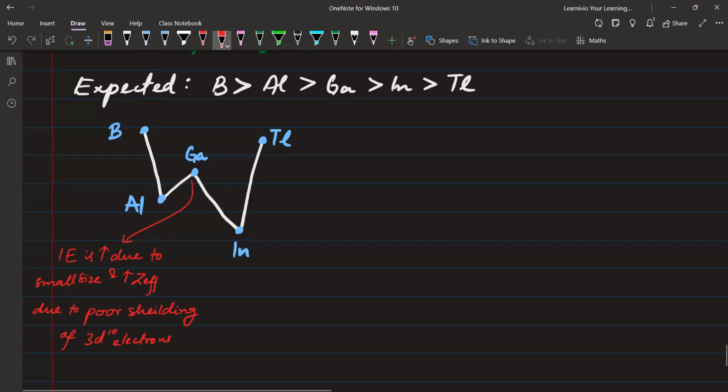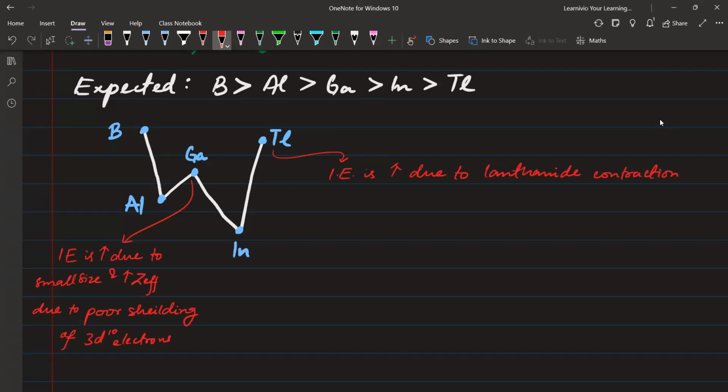Now, when we go to thallium, there is a special phenomenon that happens. The ionization enthalpy is high due to what we call lanthanide contraction. What is the meaning of lanthanide contraction?